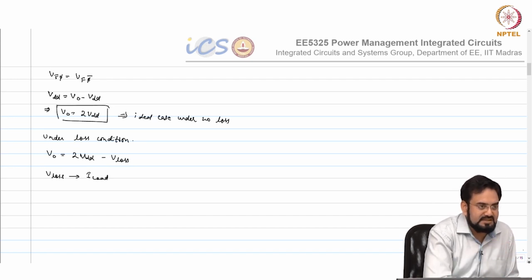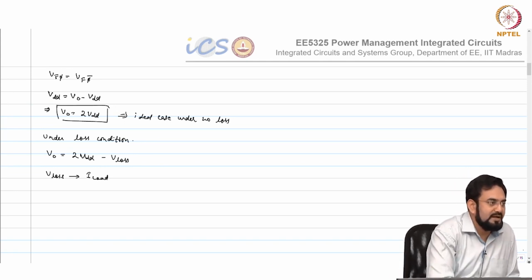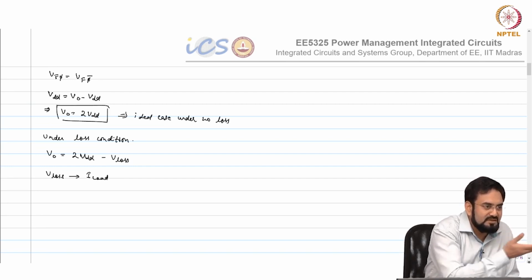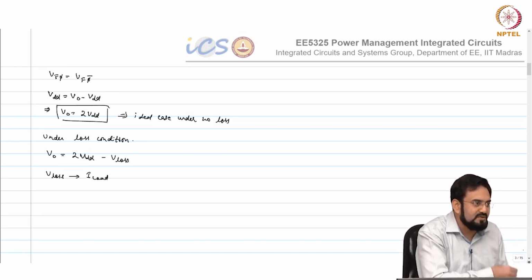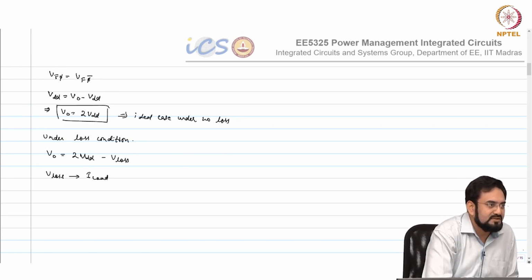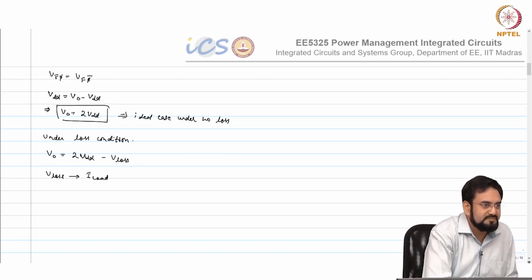Now let's take the case of a buck converter. So let's say I want to regulate the output at 1 volt and my input is 10 volt. So what is your duty cycle required? 10%, which is almost at the border, lower side. You hardly have any room to respond to transient. Okay. So duty cycle is almost saturated.